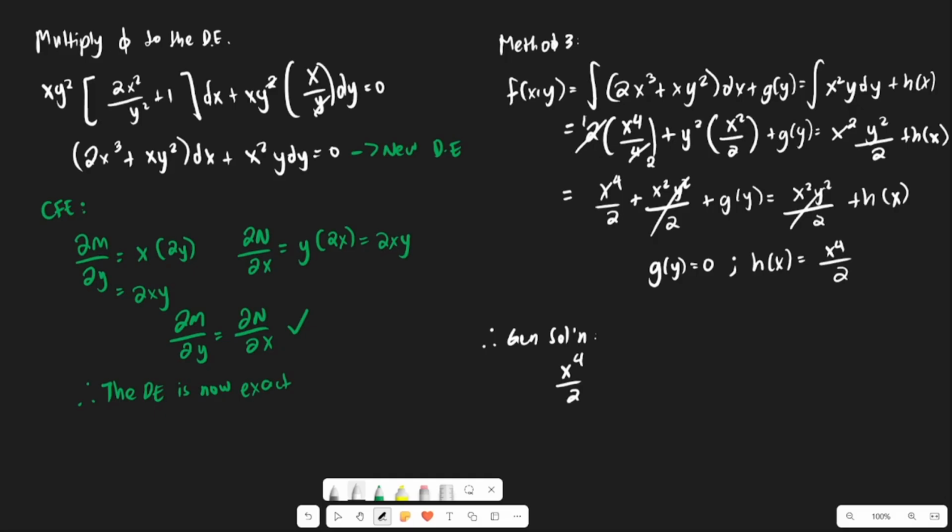So x raised to 4 over 2 plus x squared y squared over 2 plus g of y, our g of y is 0. So this just becomes equal to c. So this is our general solution.